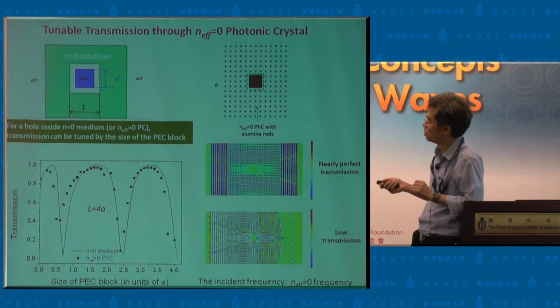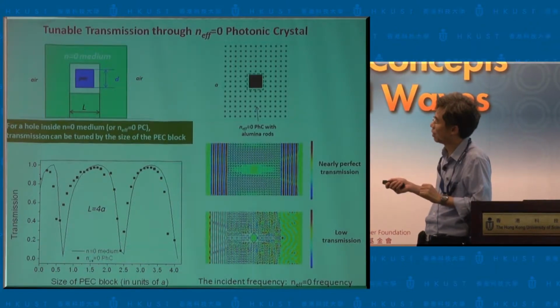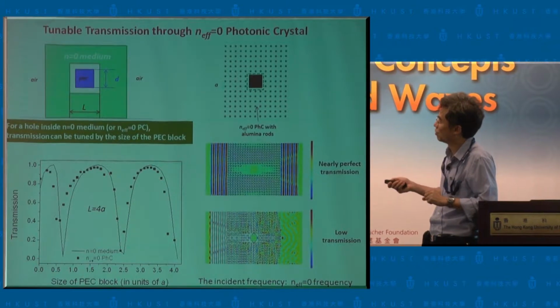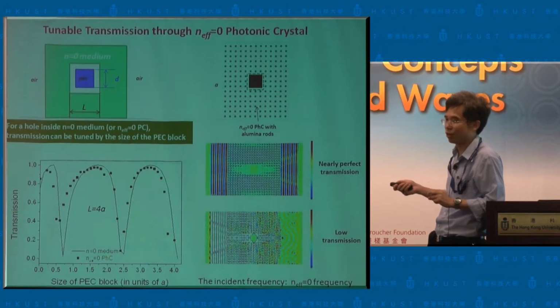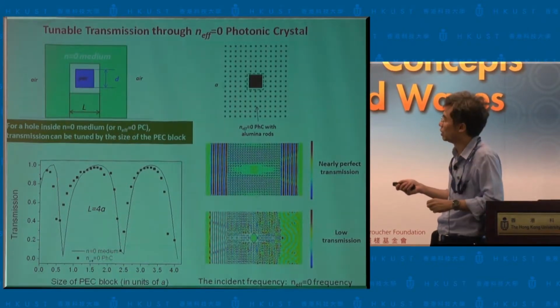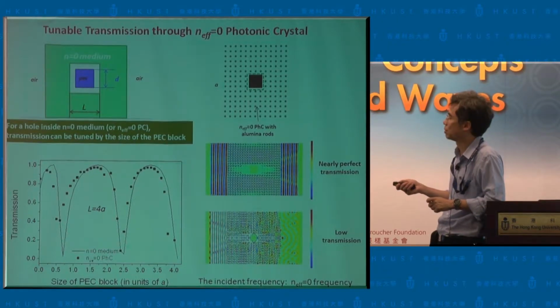So I now do a numerical calculation in which I have a channel, a waveguide, in which I put a hypothetical epsilon equal to mu equal to 0 medium. And in the middle, I have a void, a hole. And inside the void, I put a metallic object.